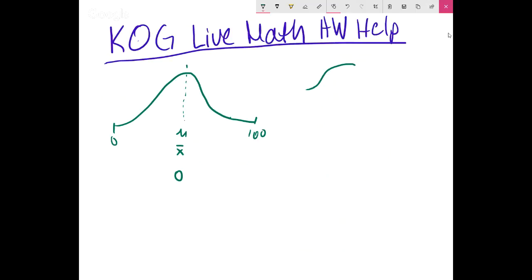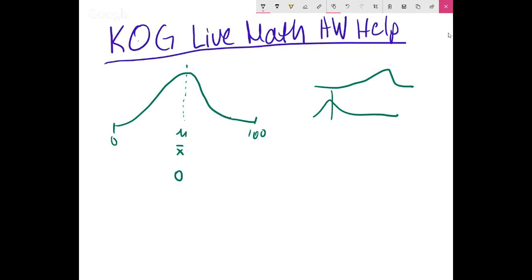Sometimes it's skewed. I'm sure you've heard of that too, where it looks like that, or skewed to the left, where it looks like that. This means that the mean is close to the beginning of that sample, or when you put all the numbers in order from least to greatest, the mean is close to the beginning of those numbers.